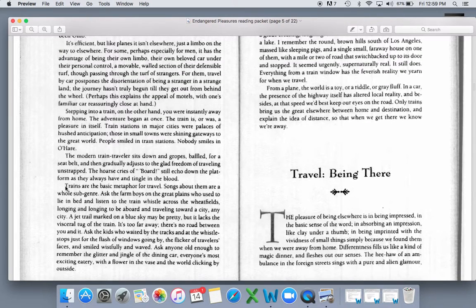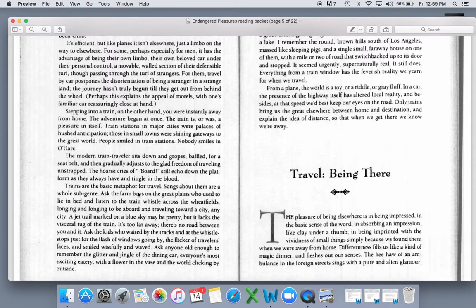If we just looked here even, "trains are the basic metaphor for travel." It is a definition claim. Trains are, or train is. So it's a definition claim. And then she goes on to say, okay, why are they a metaphor for travel? How did they become a metaphor for travel? She moves on really quickly to give us examples.